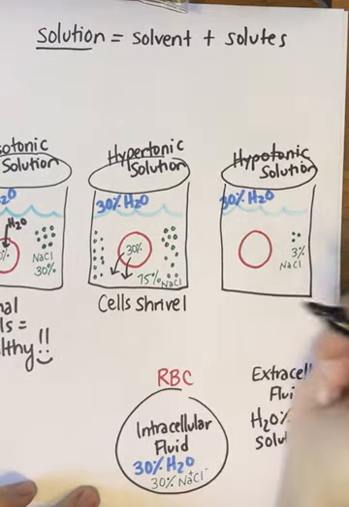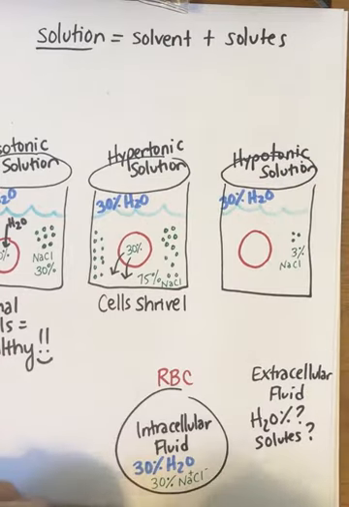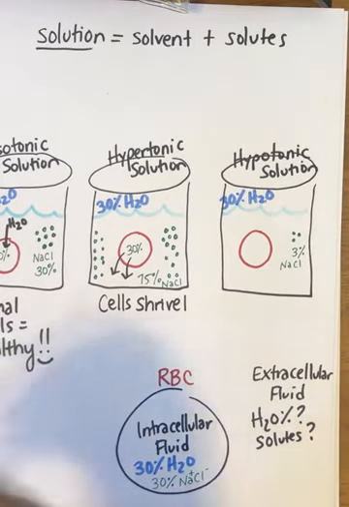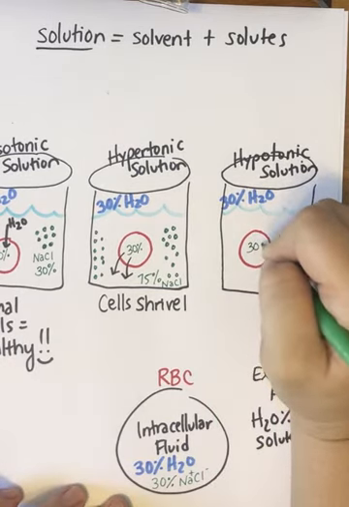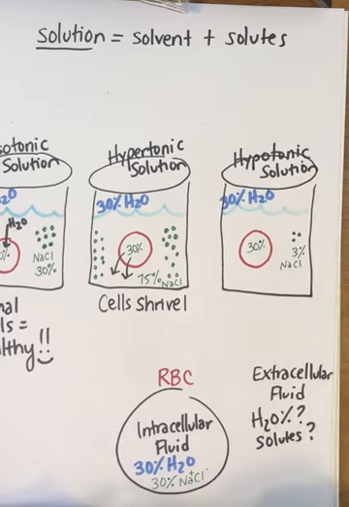They're going to shrink. Now, if we look at a hypotonic solution, we have to compare the intracellular fluid versus the extracellular fluid. If you have 30% on the inside versus 3% sodium chloride on the outside, we have an osmotic gradient.